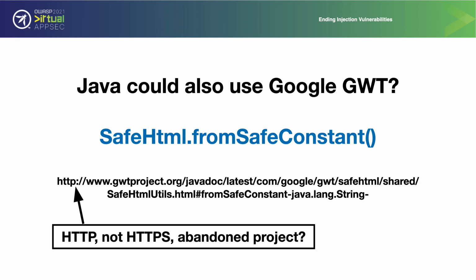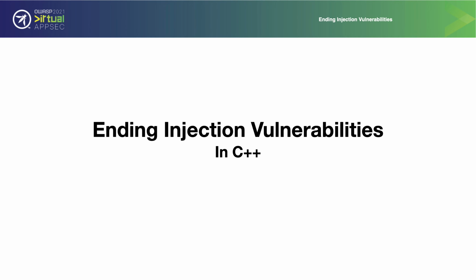There is also Google GWT, but I think this might be an abandoned project because they haven't even updated it to use HTTPS yet. But it has a method in there called safeHtmlFromSafeConstant, which I believe works in the same way. There's also a possibility of doing it in C++. I never quite worked out how to do this.